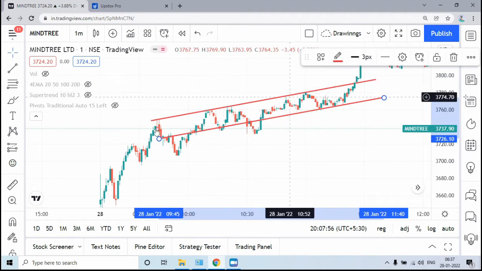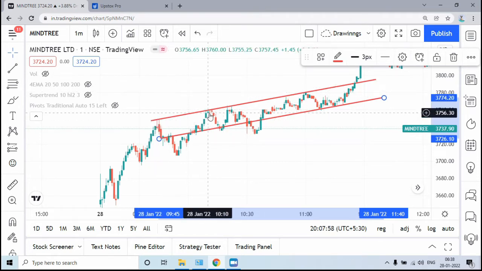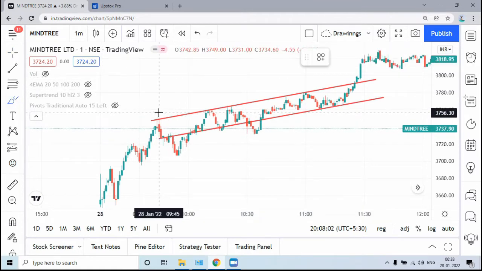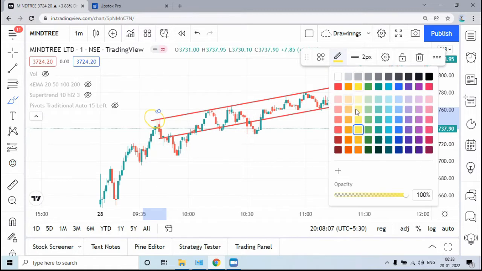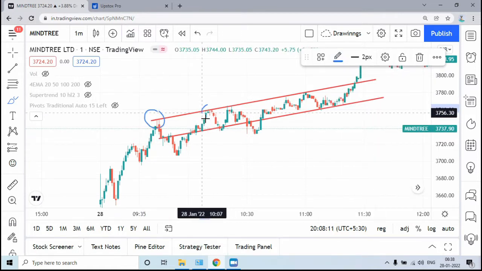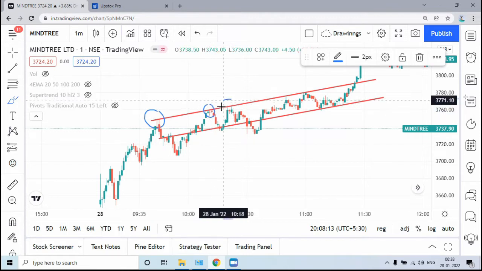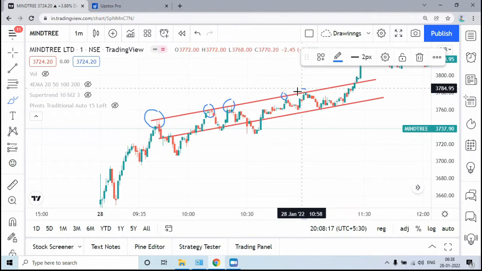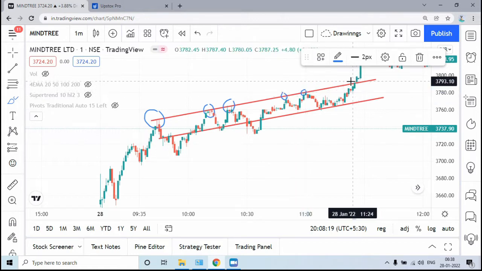On the upper side of the line we are getting 1, 2, 3. I will highlight it. 1. Let me change the color to blue. 2, 3, 4, 5, 6.